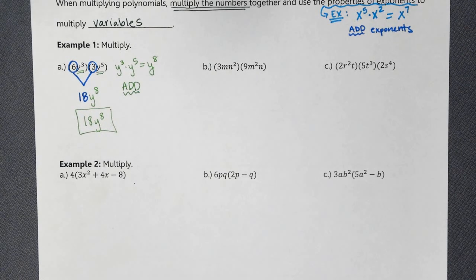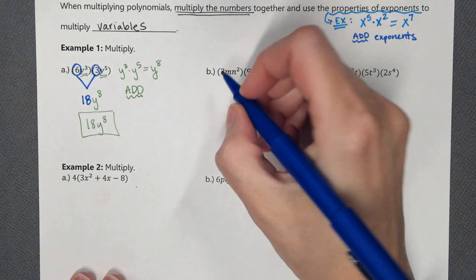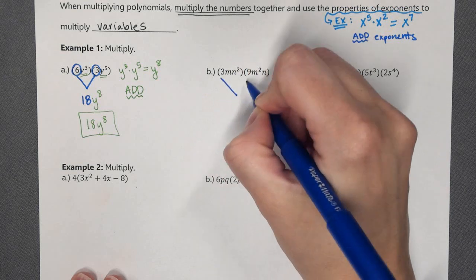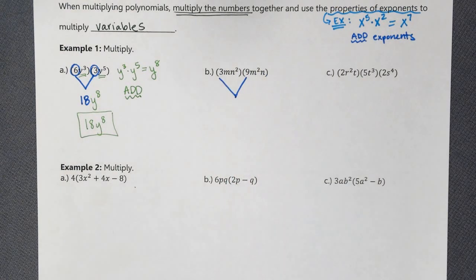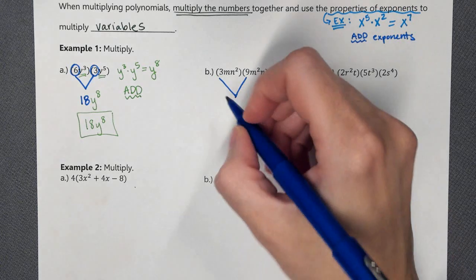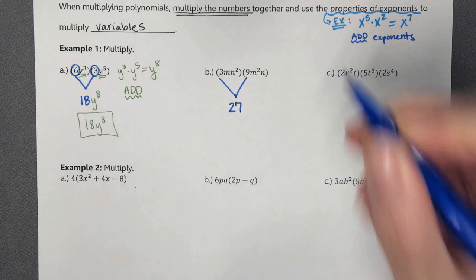Now sometimes you're going to have multiple variables, so you're going to have more than one letter. We're going to start the same way, where you multiply a number by a number. So we're going to multiply 3 times 9. What's 3 times 9? What do you guys get? 27, great.